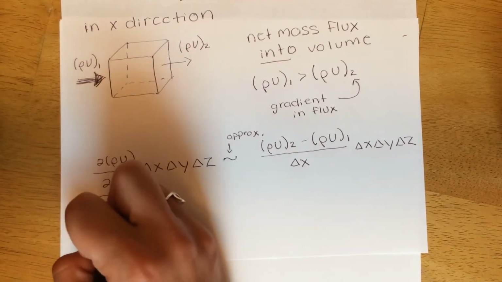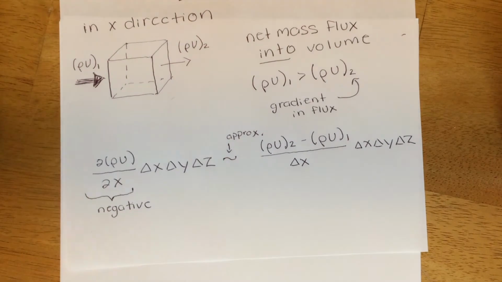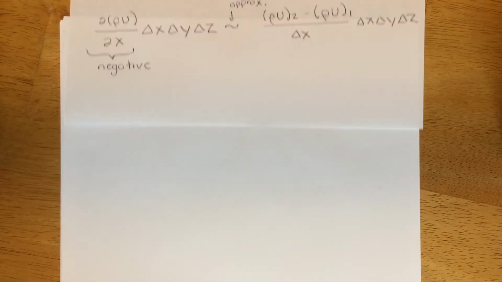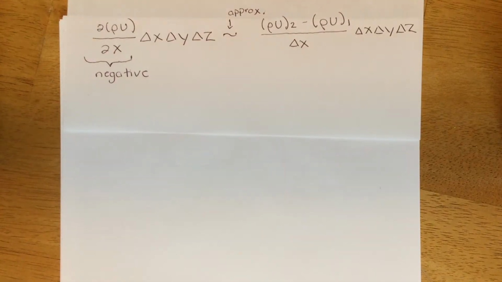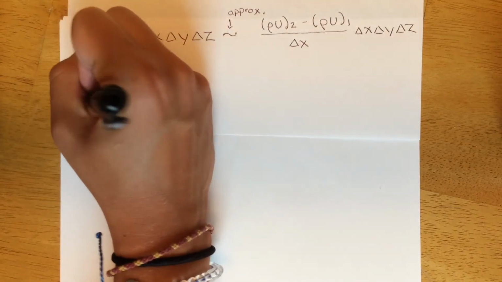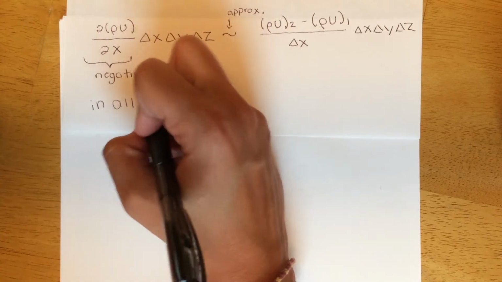Obviously, since the flux into the volume is greater, our net mass flux will have a negative value. The same logic follows for both the y and the z directions, and we add them together to get our equation for net mass flux into the volume.